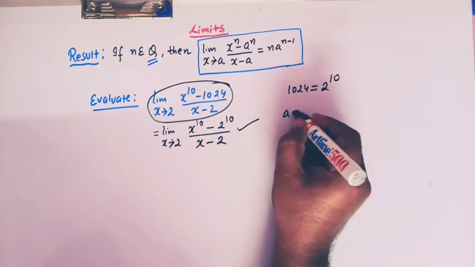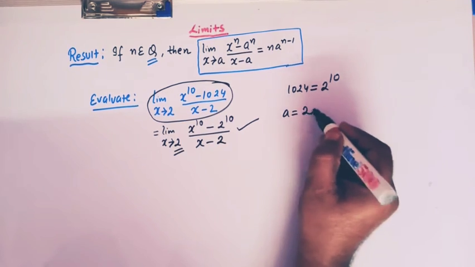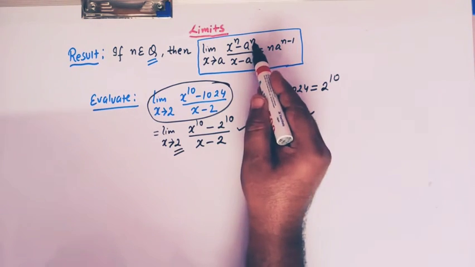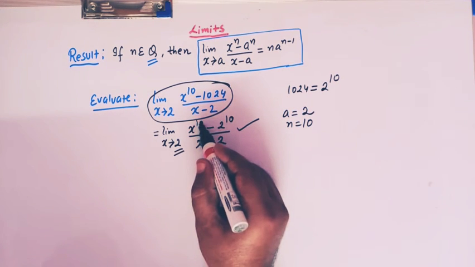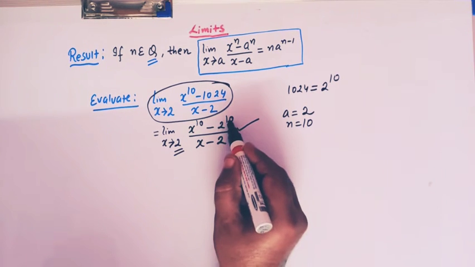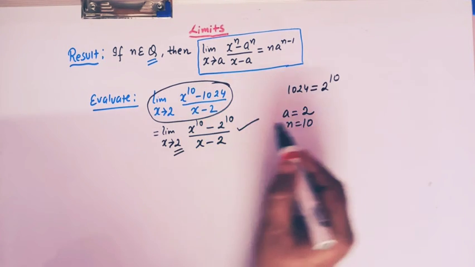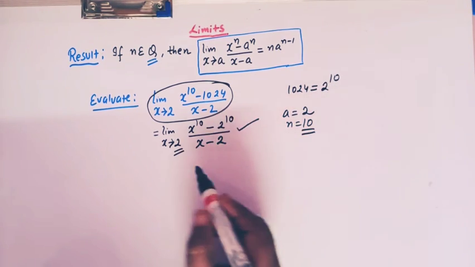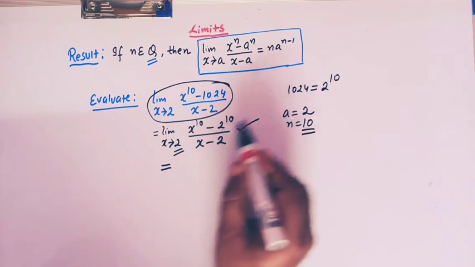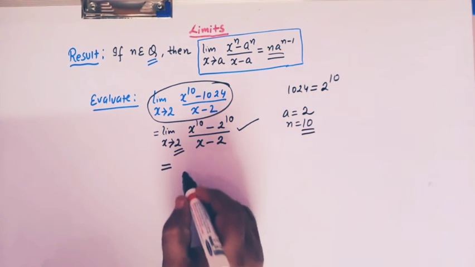We see that the value of a is 2 and the value of n is 10, because this is x raised to n minus a raised to n divided by x minus a. So this limit can be directly written as n times a raised to n minus 1.